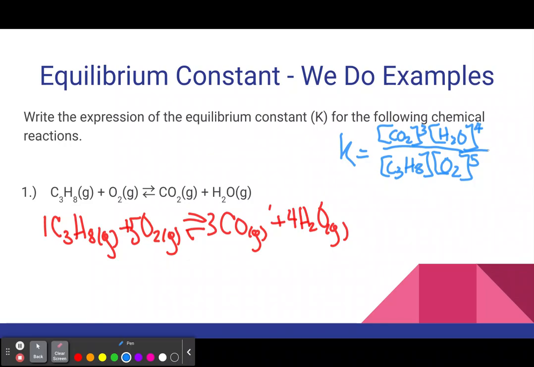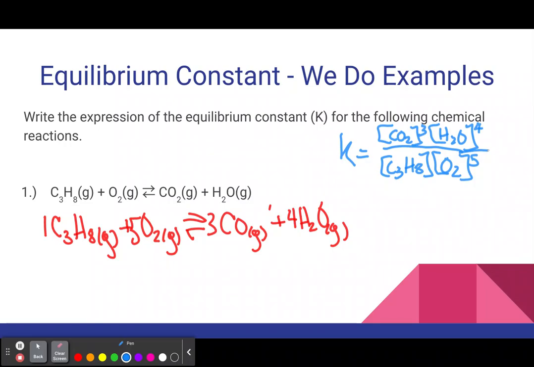Once I wrote my equilibrium constant, I got capital K equals the concentration of CO2 cubed times the concentration of H2O to the 4th power over the concentration of propane, which is C3H8, times the concentration of O2 to the 5th power. That would be my equilibrium expression for this particular reaction.